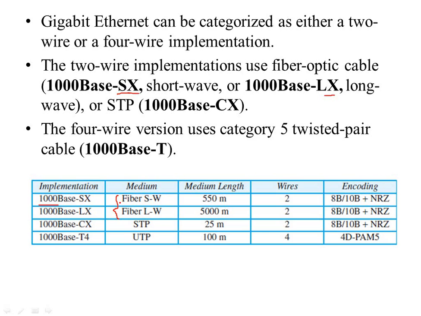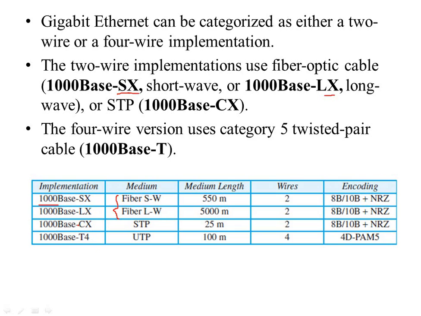These techniques are utilized along with the fiber optics. So you can achieve high speed with a maximum length, so that you can have the 2 wires connected to that one, and the encoding technique will be changed accordingly. Now LX will be utilizing the long wave type of technology, and the maximum length you can go for with the long wave is near about 5 kilometers.